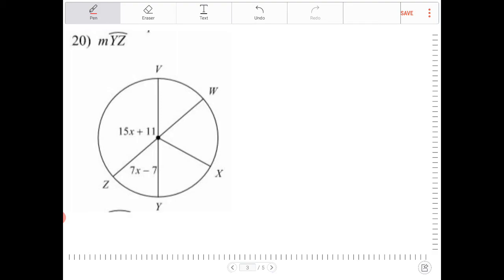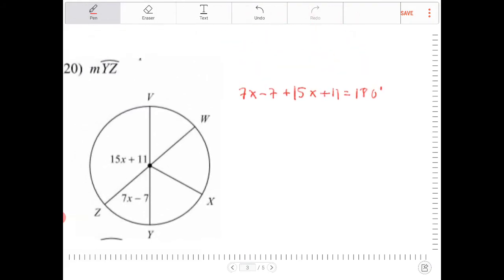YZ. Okay, so I know that 7x minus 7 plus 15x plus 11 is going to equal 180, because I know that VY is a diameter, because it looks like it's a straight line. So 7x plus 15x, that's 22x.